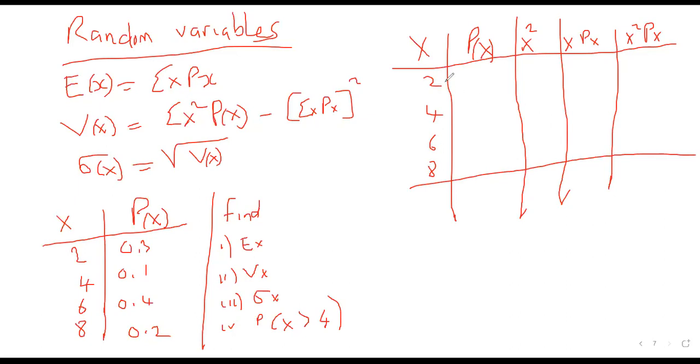We have the probabilities here. We have 0.1, 0.3, 0.1, 0.4, 0.2. And you simply multiply this by that, it is 0.6. 0.4 times that, 0.4. This by that, 2.4. And this by that, 1.6.